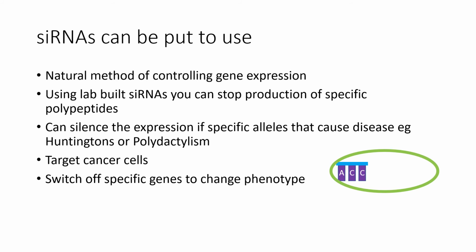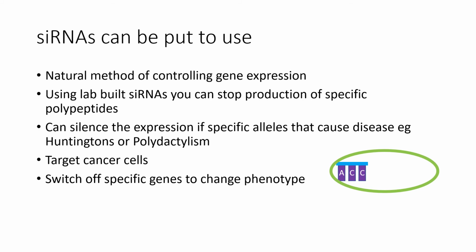And we can use them to target cancer cells and switch off certain messenger RNA and stop replication in cancer cells. We can also switch off other genes as well, so that certain phenotypes, for example, certain skin discolorations don't appear. And what we can also do with it is we use it to target some very specific diseases that we've associated with certain alleles in certain genes producing certain proteins and chemicals.